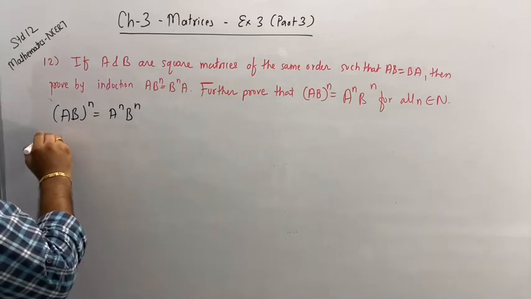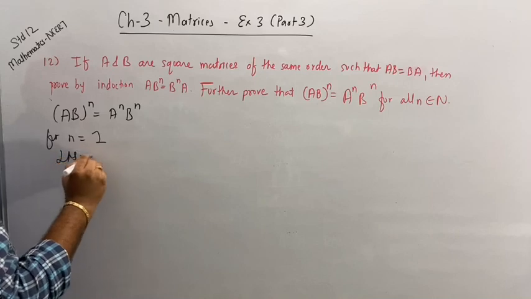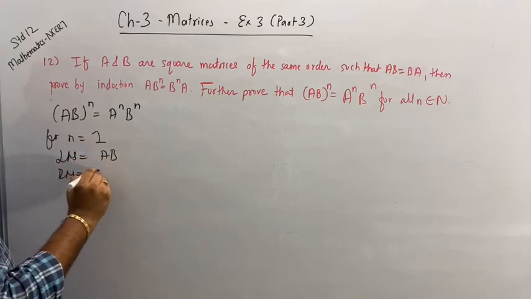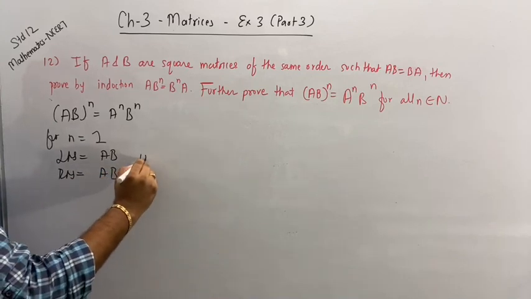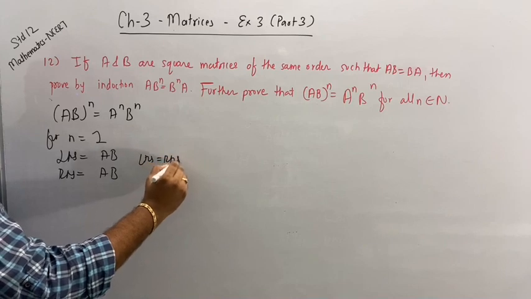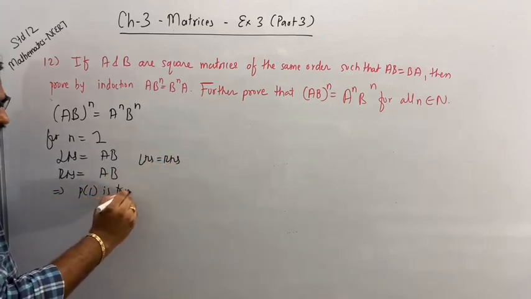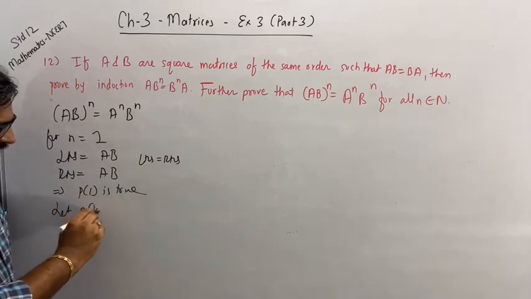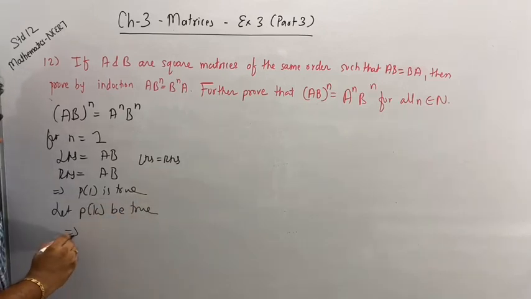So now for n equal to 1, LHS equals AB raised to 1, RHS is A raised to 1, B raised to 1. So the same LHS equals RHS, that implies P of 1 is true. Now let P of K be true. So what does this imply?